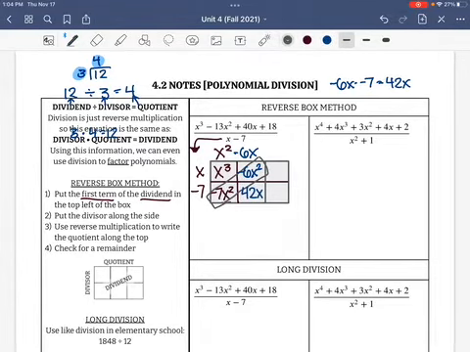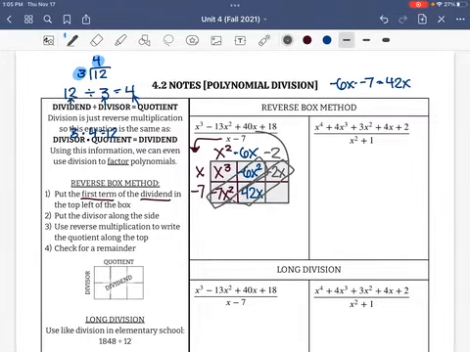Then you're going to use the next diagonal to figure out how you get 40x. Well, if you already have 42 and you need to get to 40, you're going to have to subtract 2x. And x times negative 2 is negative 2x, which gives us the last thing that we would need to multiply by.